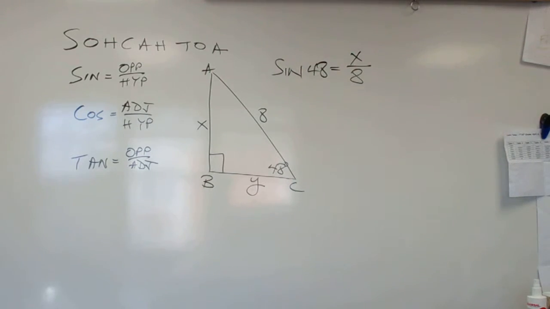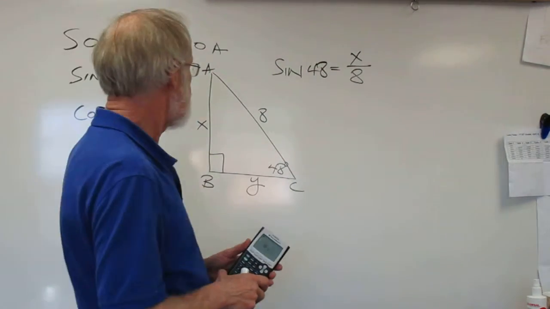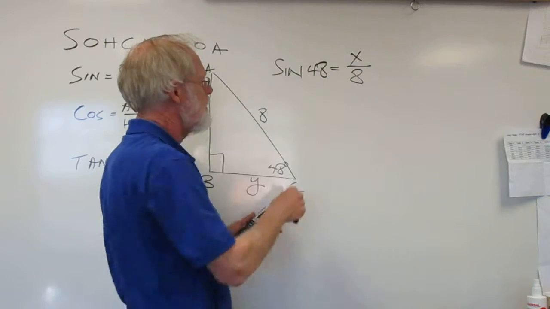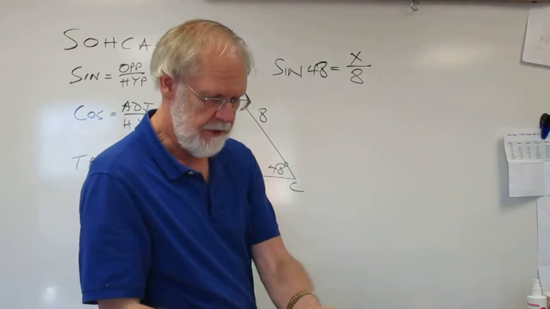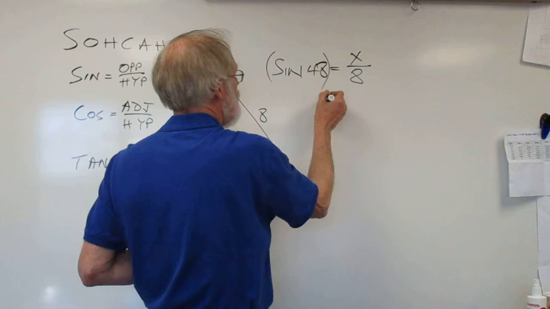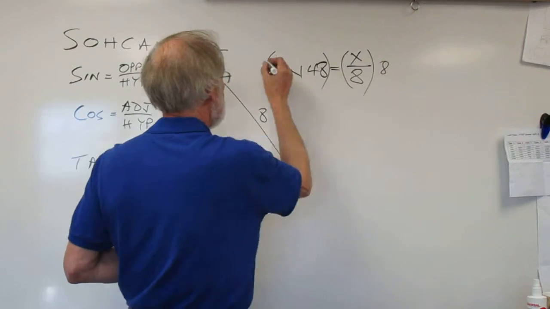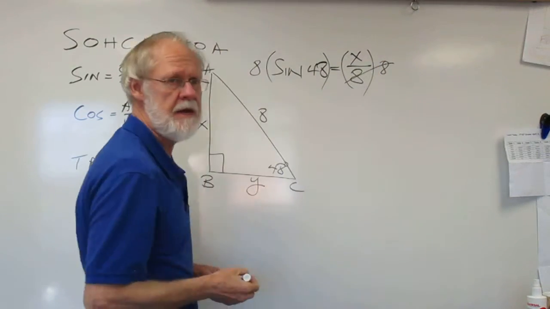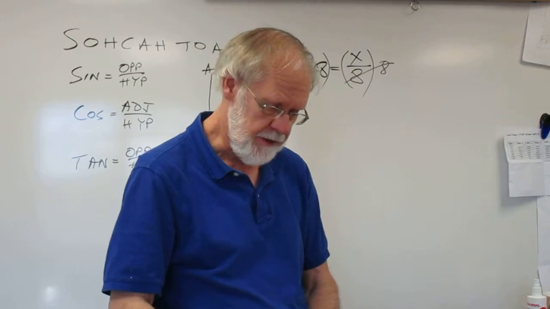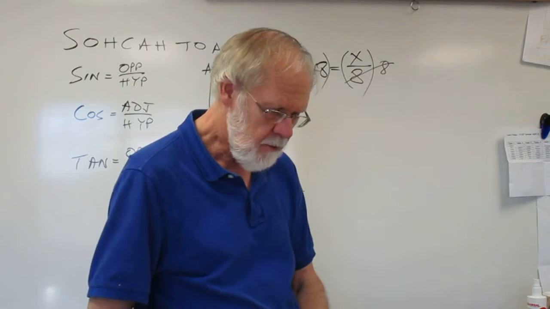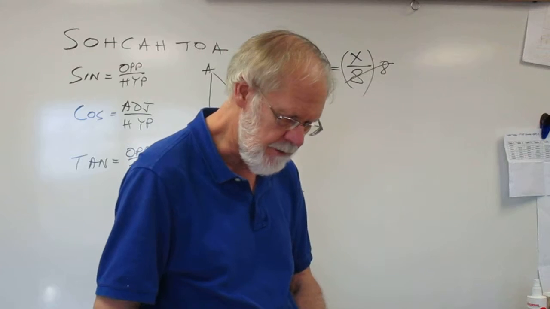All right, now I have a calculator in hand, and we're going to take a look at the sine of 48 and then multiply it by 8, because as you can see, all we have to do to get x by itself is multiply both sides by 8. So the sine of 48, and we'll go out a couple or three digits, sometimes we'll go out 4.